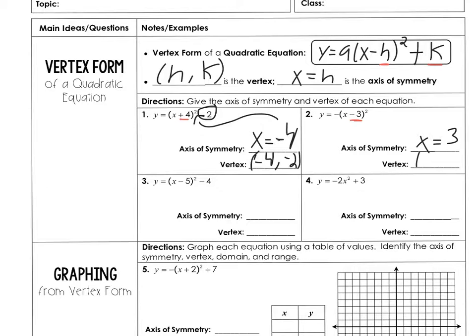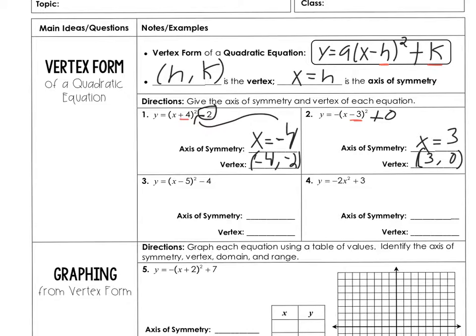And then our vertex would be h, which is 3, comma k, which we don't have a k here, right? It would be almost like saying plus 0. So k is 0. If you don't have a k listed, then k is 0. And it would be the same for h. If it was x squared, it would just be 0.